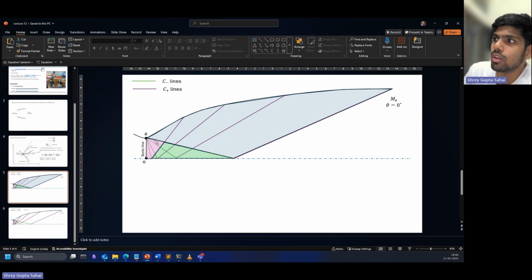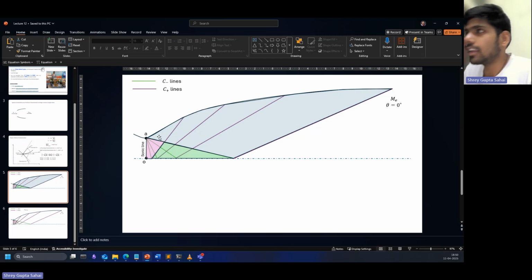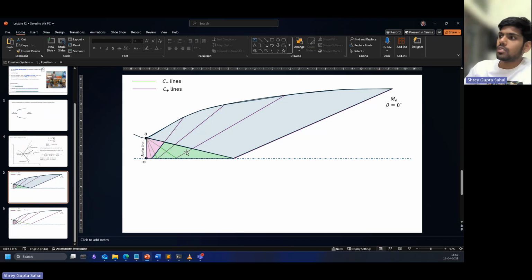In this region, there is only flow expansion happening through C minus waves, the left running characteristics. The disturbance is only from left running characteristics. Then it reaches this whole region, and in this whole region, there is only expansion through right running waves.